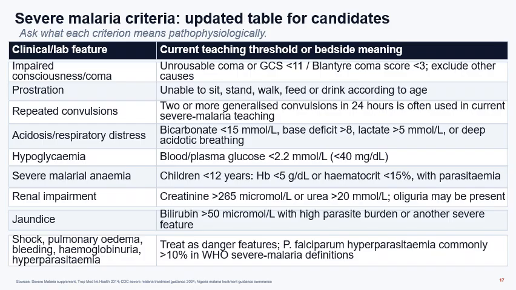Some WHO tables further specify a minimum parasite density. Renal impairment, jaundice with another severe feature, shock, pulmonary edema, significant bleeding, hemoglobinuria, and hyperparasitemia are also important. So thresholds differ across guidelines. As candidates preparing for primaries, you need to identify the framework being used and prioritize the organ dysfunction.